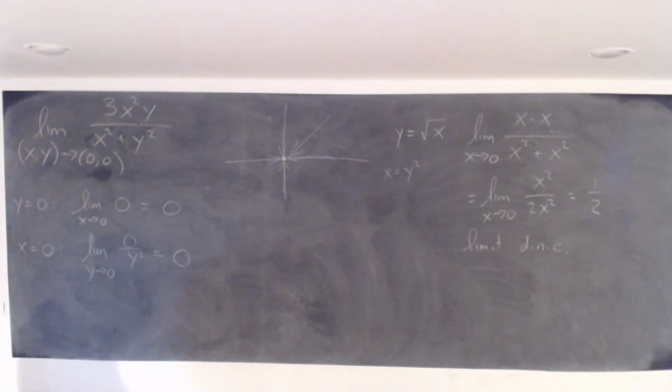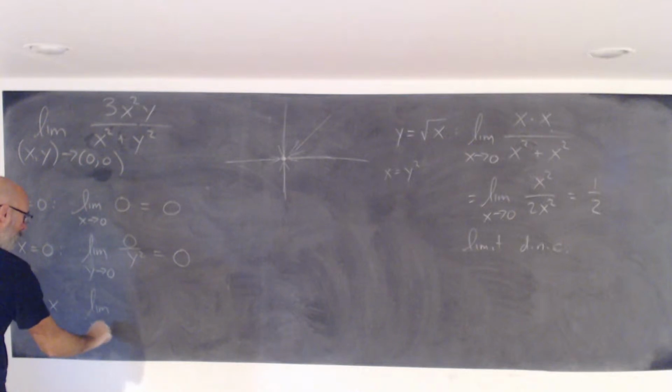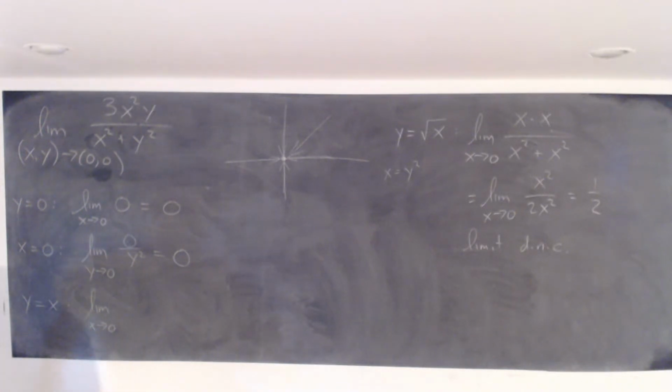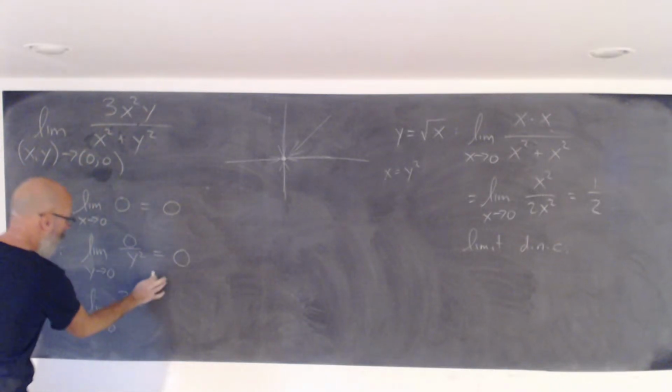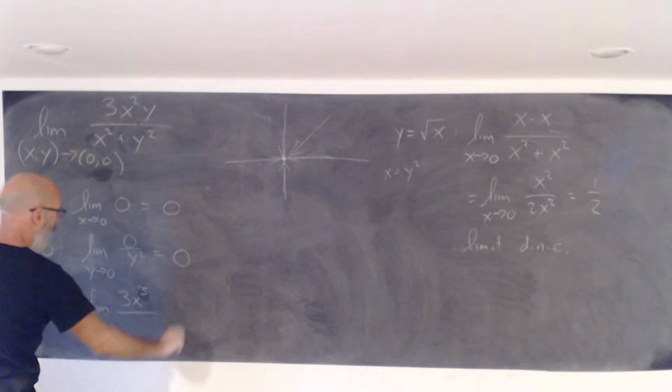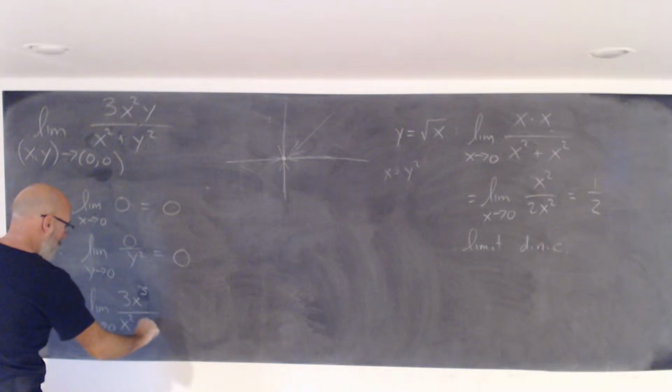Let's try on y equals x. If y is equal to x, this is 3x cubed, and the denominator is x squared plus x squared.